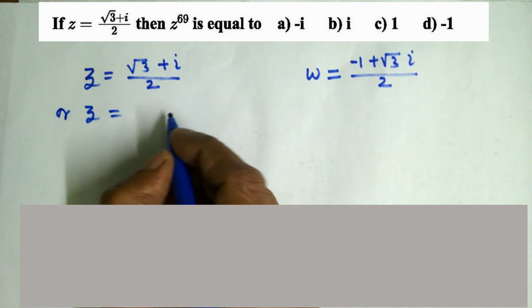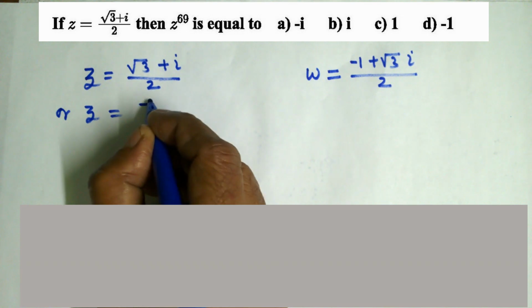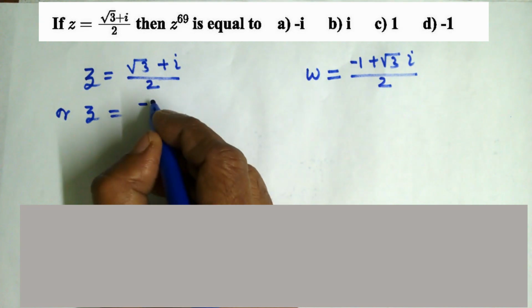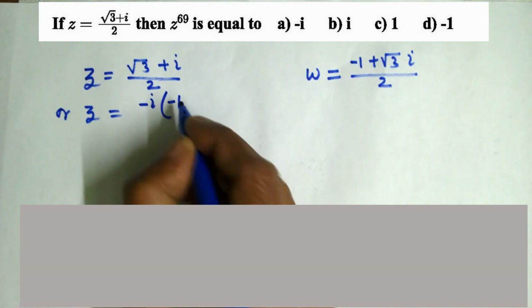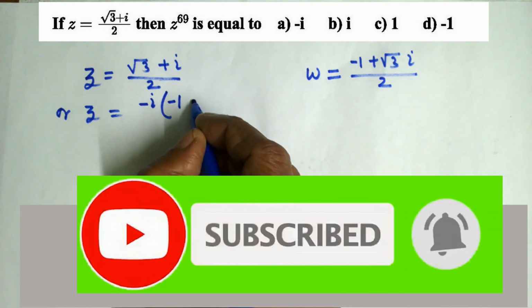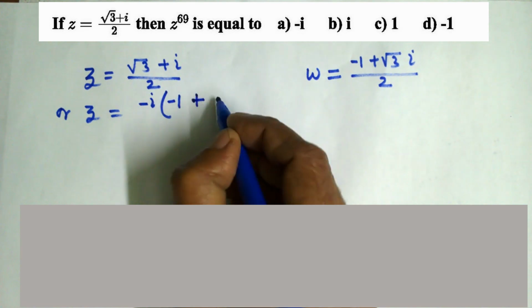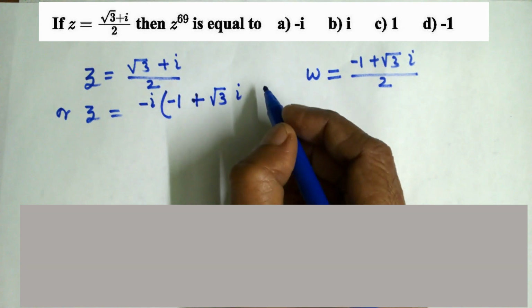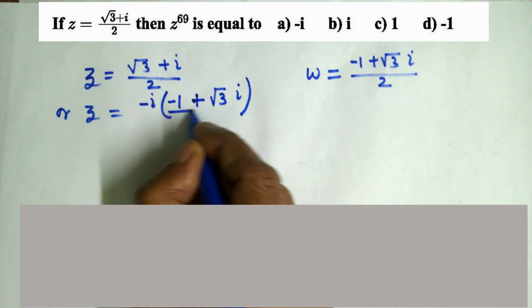z is equal to, first take minus i common. So minus i times (minus 1 plus root 3 i) by 2.